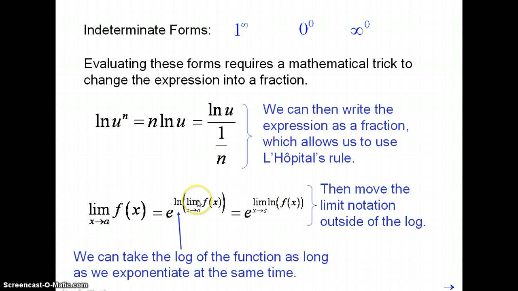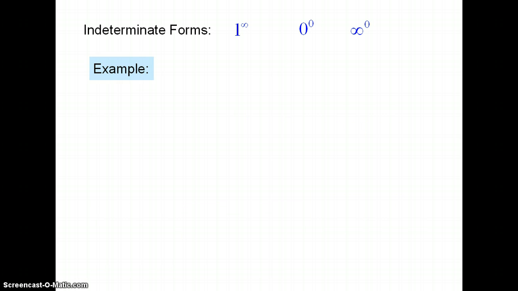Another thing I don't like about how this PowerPoint reads is that it doesn't really explain how you get from the ln of the limit to the limit of the ln, but I'll explain that in class as well. If you can remember that little rule, the ln of the limit is the limit of the ln, it's pretty easy to show. It's not something that's just common sense, but if you remember that rule, it's really helpful in this case.